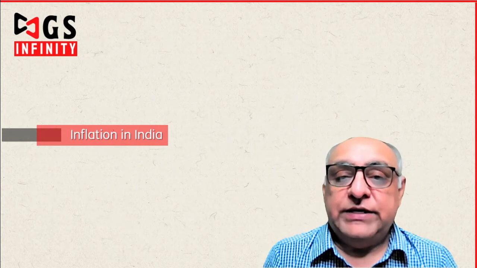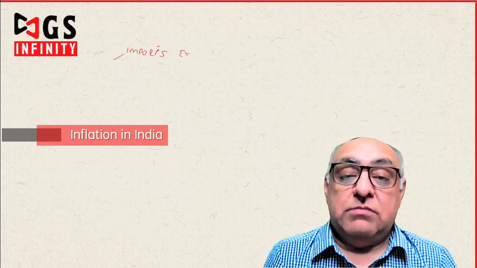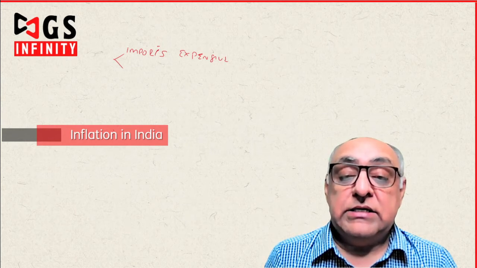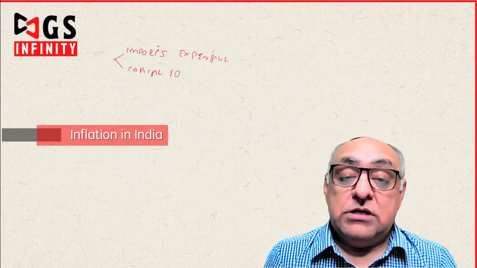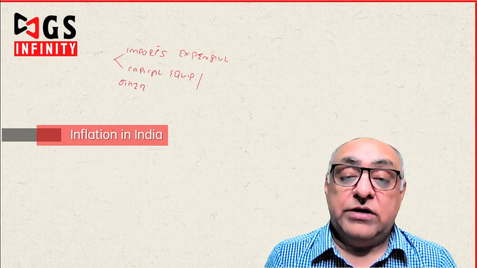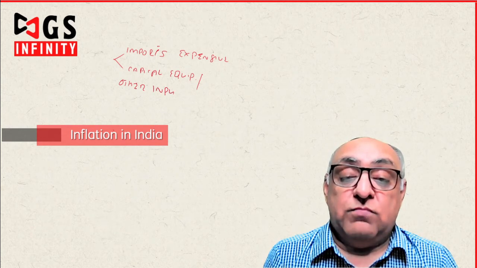So next is inflation in India. Inflation can come in two ways. One is because imports would become expensive. And the second thing is the capital equipment or other inputs for manufacturing or producing goods in India, which we import from other countries.